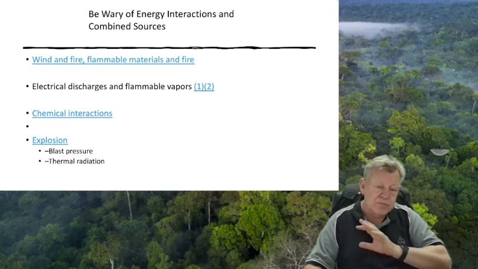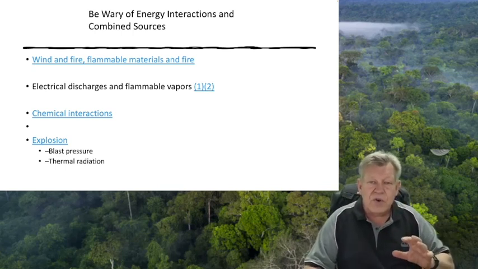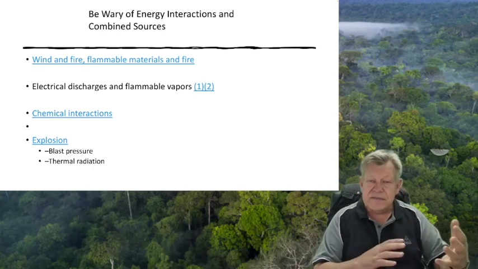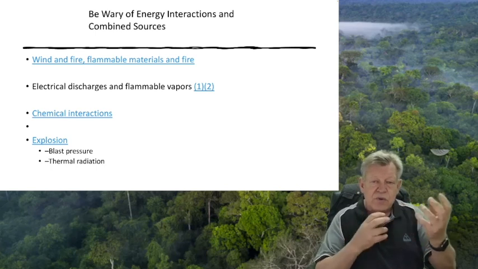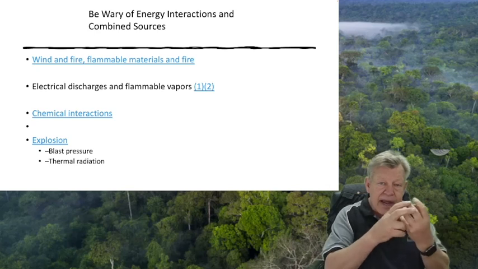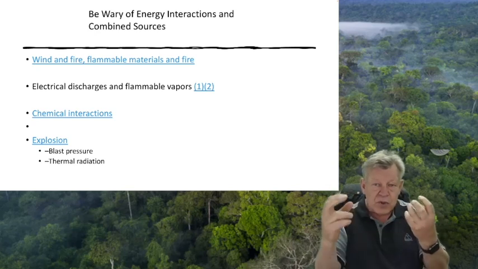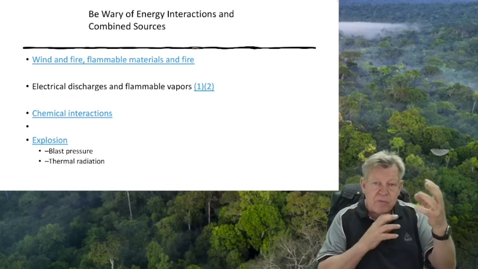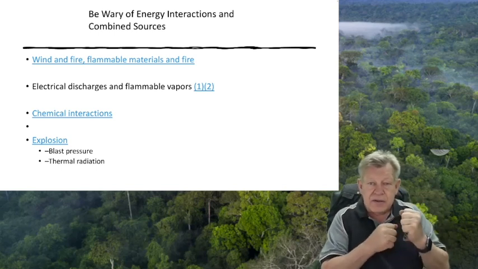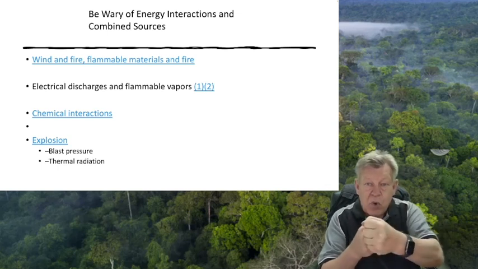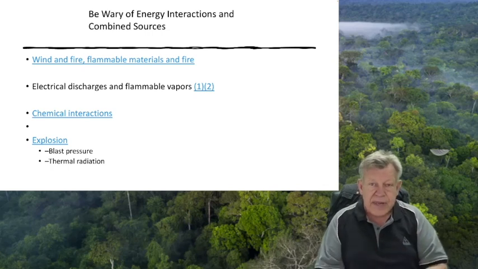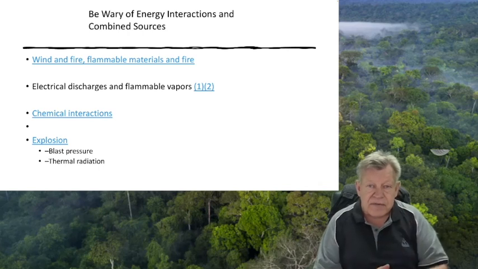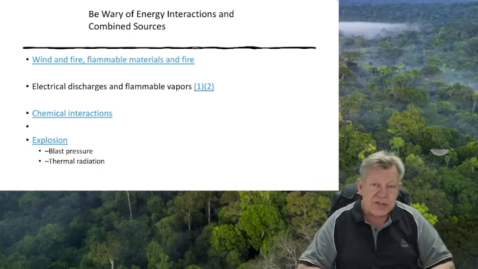Something that I just want to bring to your attention when you look at characteristics of hazards: understand that hazards do not always work independently. One hazard can cause harm sometimes to more than one target, but sometimes you have more than one hazard working together, and their harm together is even more than if they were separate. You have a fire, and you get some wind that starts fueling that fire.